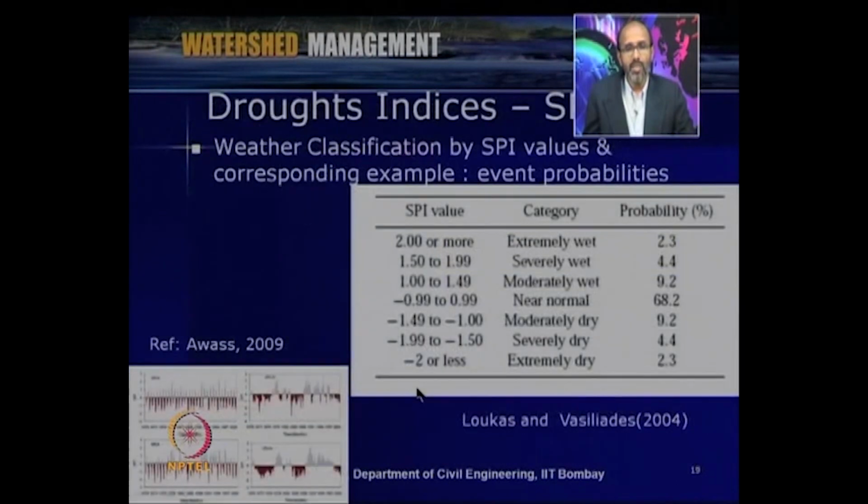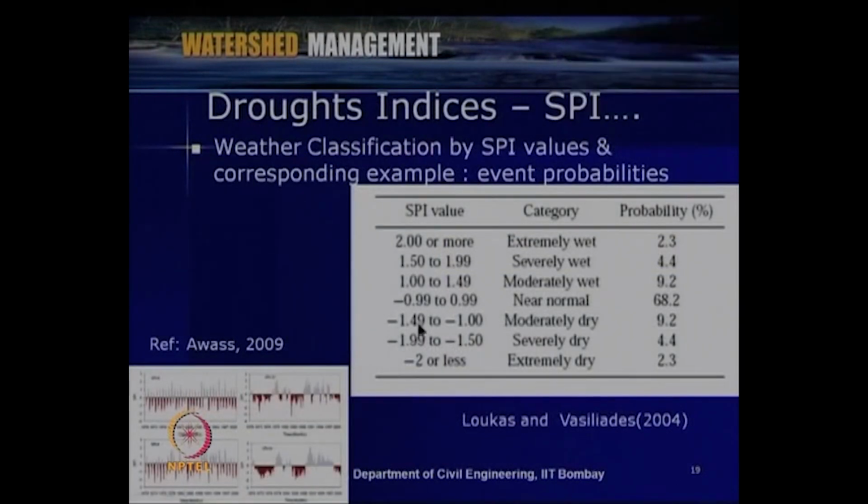Generally we can calculate the SPI and then classify the weather according to SPI values and the corresponding probability of events.